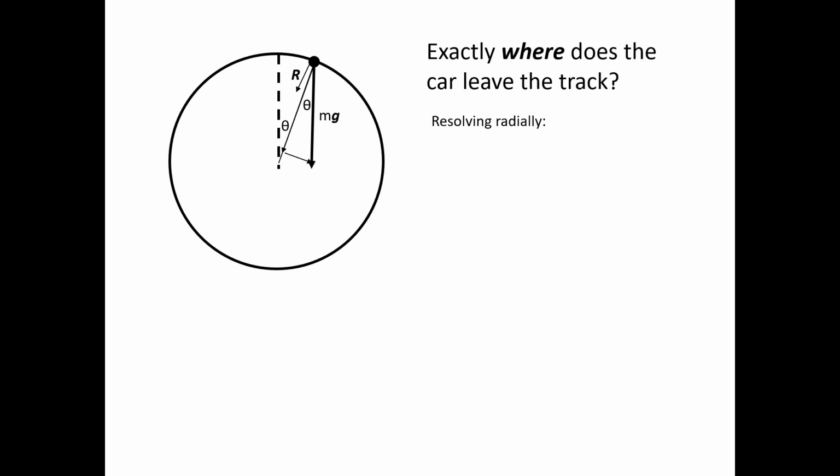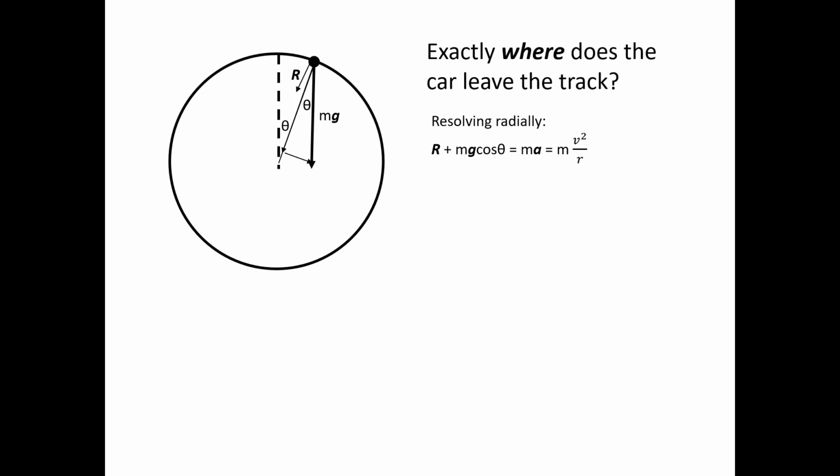So we resolve radially, and using force equals mass times acceleration, we can say the net force towards the center of the circle is R plus mg cos theta. Using F equals ma, that's just ma, which is mv squared over r.